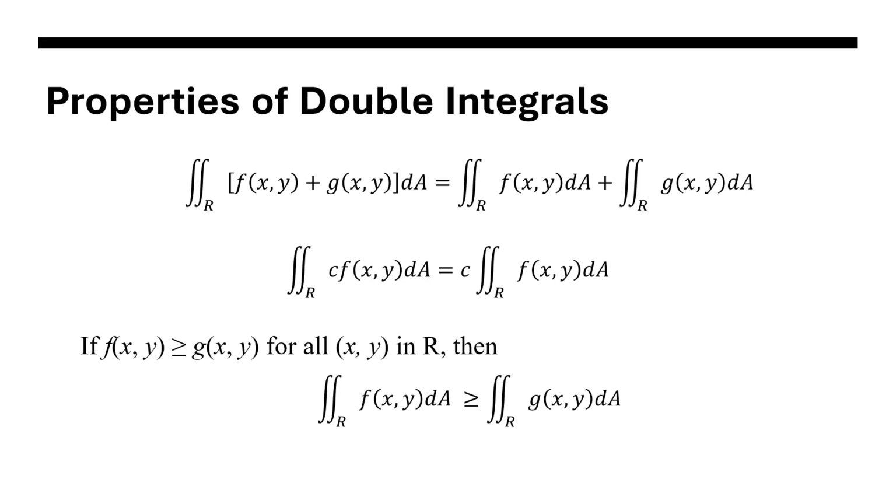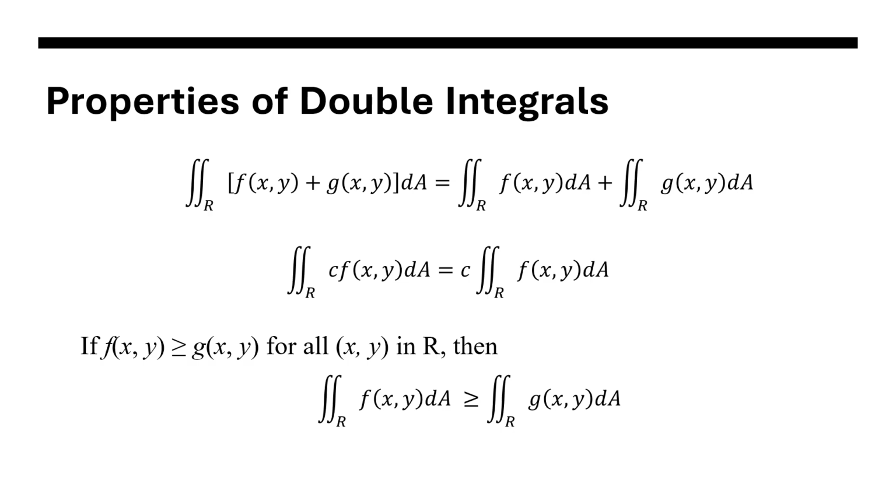The second one has a constant: the double integral of c times f of xy dA. We can take the constant out as a factor, so you have c times the double integral of f of xy dA.